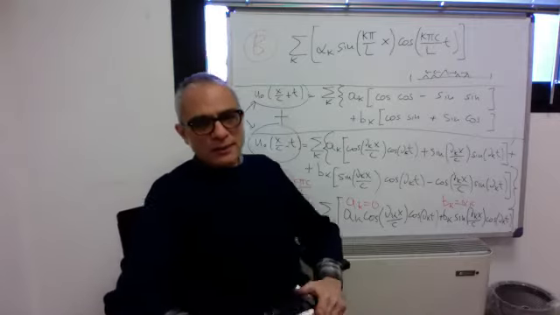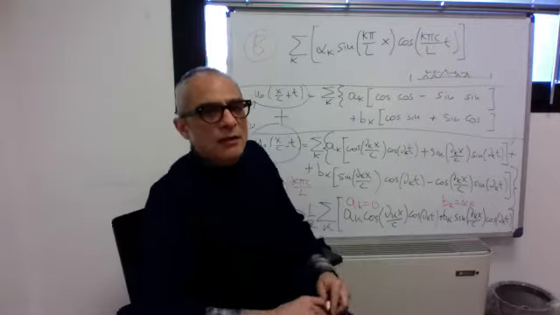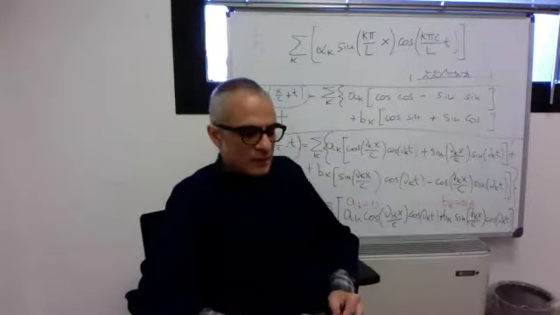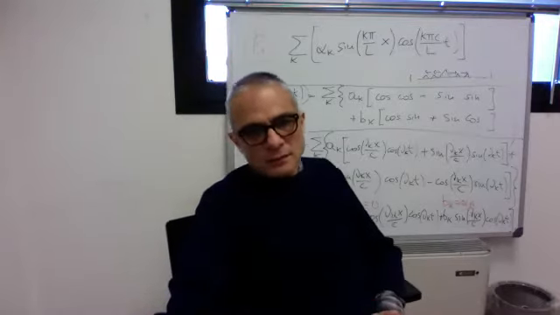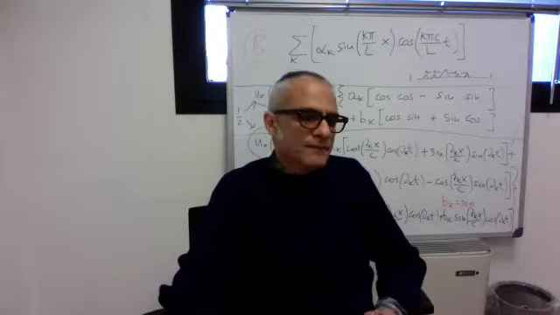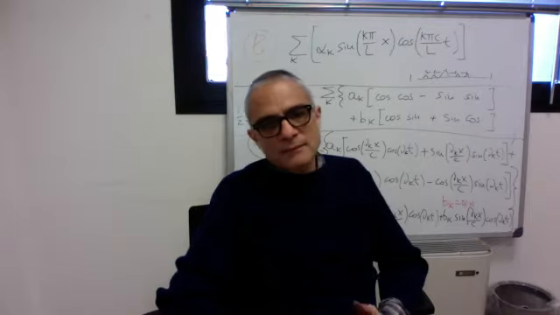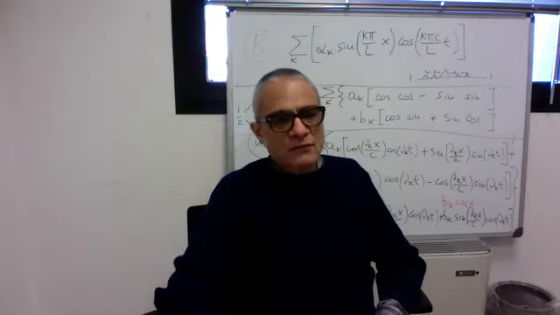This will be important if you do seismology later on as well, because in seismology also we have two different ways of looking at the Earth: the normal mode way and the traveling wave way.